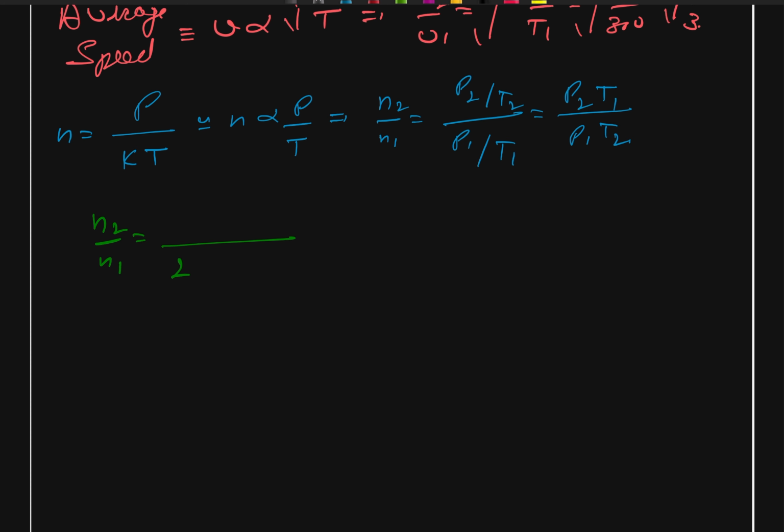P1 is 2, P2 is 4, and temperature is 300 and 500. So here the zeros cancel, and 4 by 2 gives us 6 upon 5.